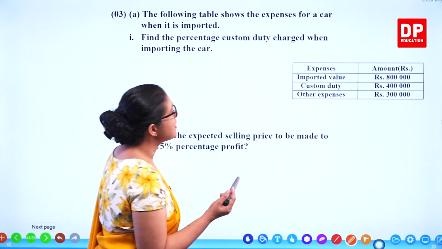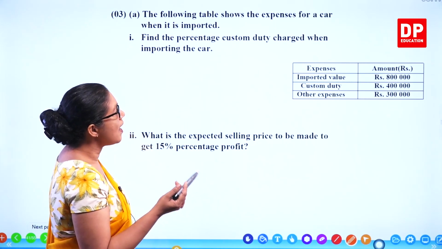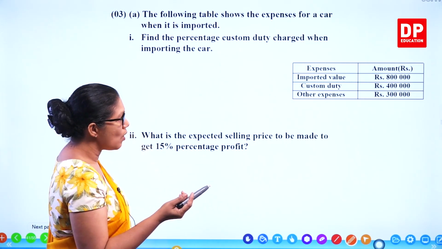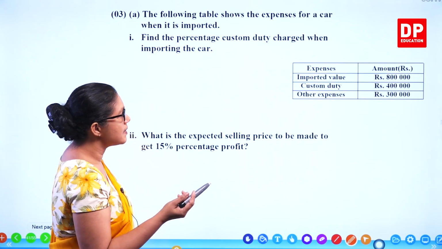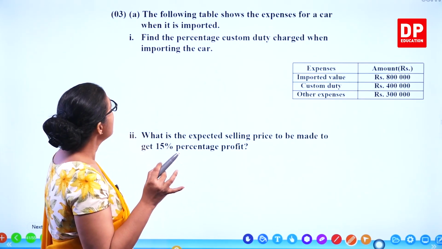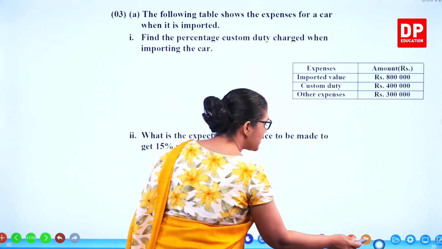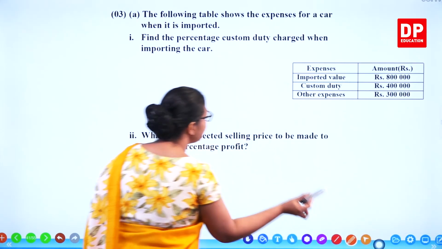So what are the expenses? Imported value is 800,000 rupees. Custom duty, you have to pay 400,000 rupees, and other expenses 300,000 rupees. Now they are only asking for the percentage custom duty value. So how do you find the percentage custom duty value?